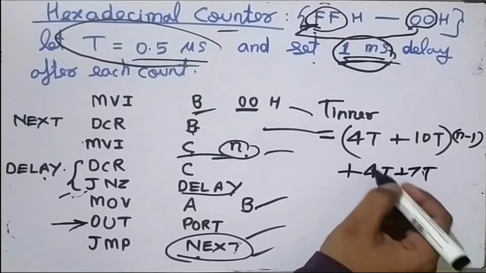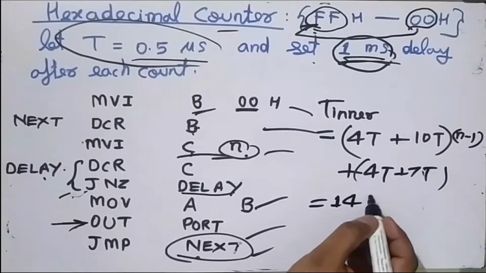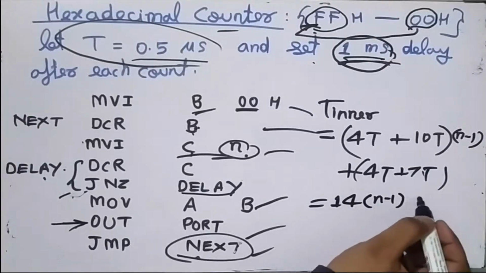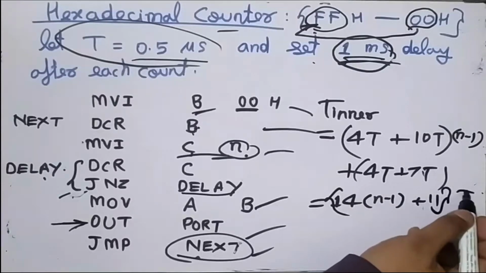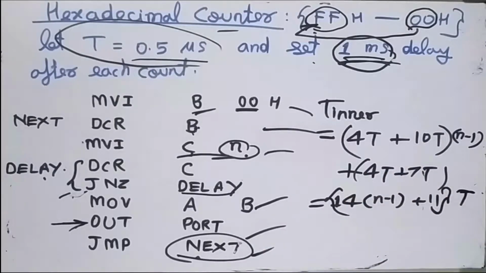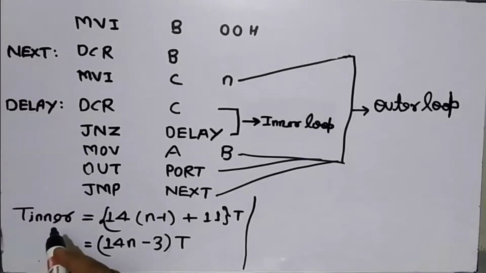It will come out as 14(n-1) plus 11T. This is the inner loop. Now we have calculated T inner, which is 14(n-1) plus 11, which comes out as (14n-3) into capital T. Capital T is the time period.